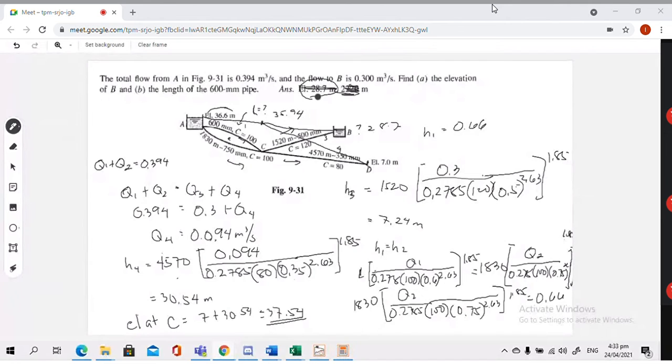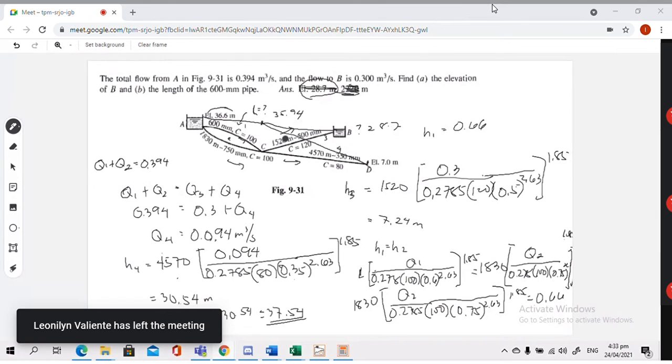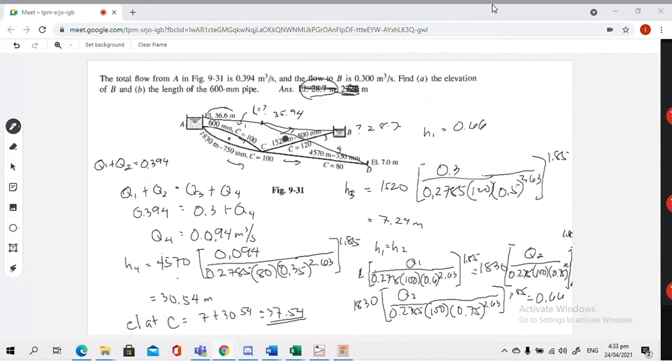So, pag-check po na ho, na error, kay nga nung ang kani is 2,220. So, basin nga si kaning 0.3. So, if we try nga pa sod tanan, so that is 0.694, 4570 times 0.694, 0.2785 times 80.